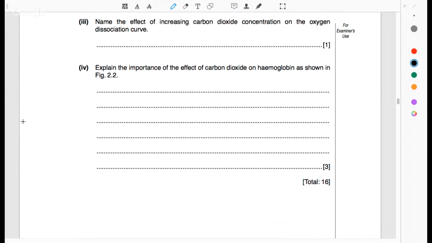You've pretty much gone through this before, but you're still picking up the mark, so it's important to go through it again. And then go on to say what you were saying. So why is that important? The oxygen release is important because for the respiration of the respiring tissue cells.